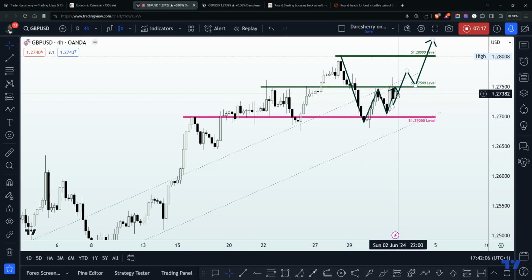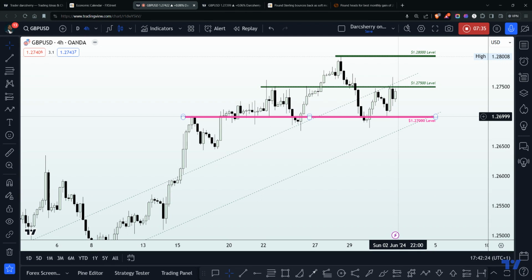However, in as much as we are looking out for buying opportunity at this juncture, we cannot ignore the potentials that sellers might likely come in, as we do not know what the US economic data from next week is going to be bringing to the table.